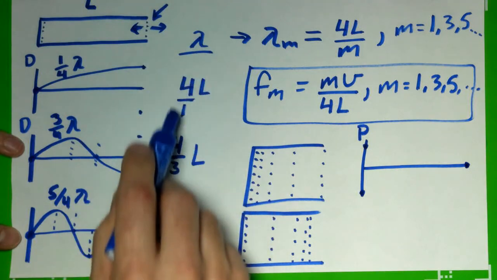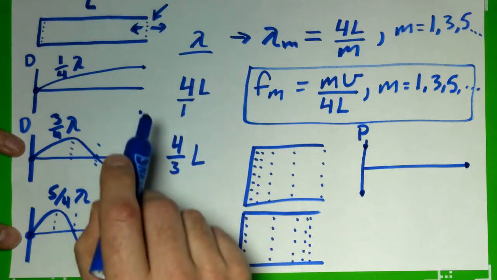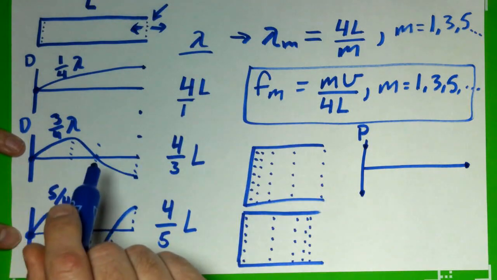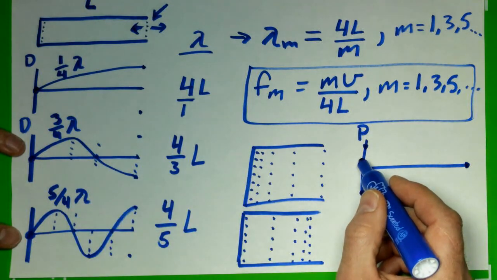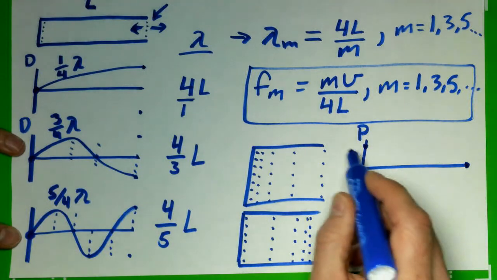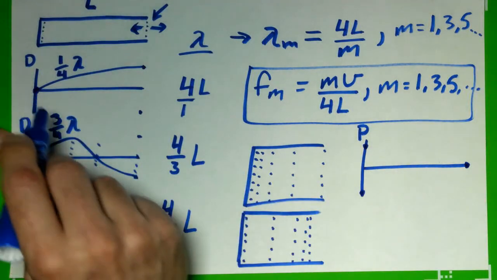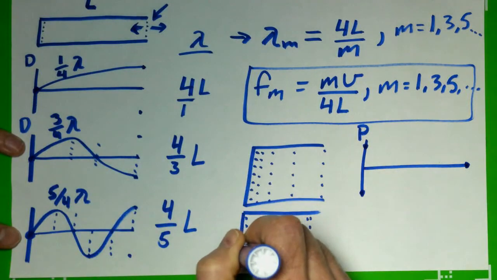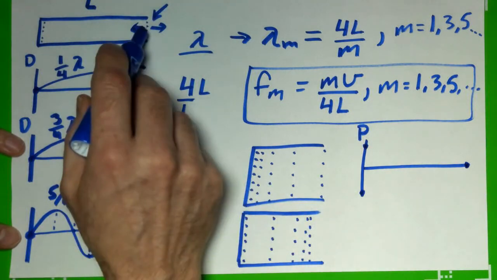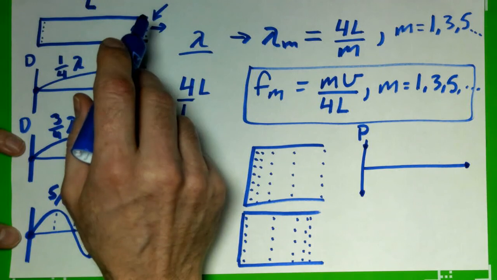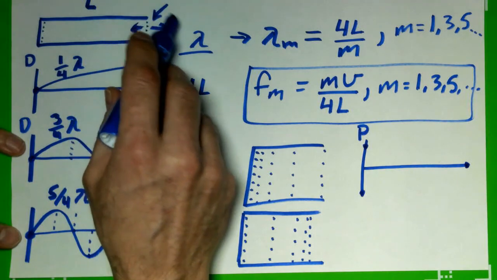I would get the same conditions for the length, the wavelength, and therefore the frequency that's allowed. But the pressure is describing a totally different thing than displacement. These molecules can't move, yet the pressure there changes wildly. These molecules can move wildly, but the pressure there can't change because it's open to the atmosphere.